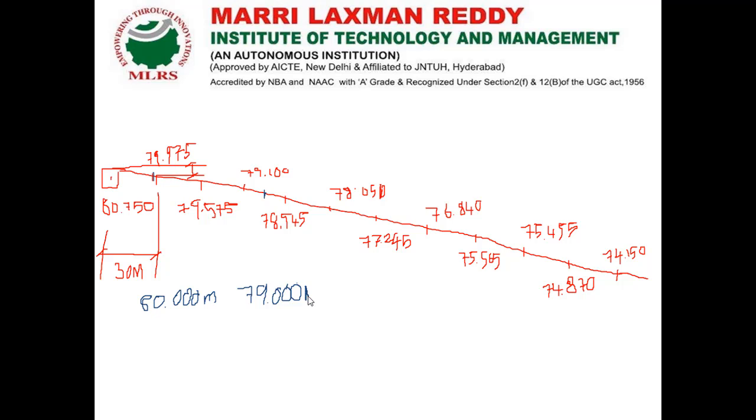Finding the position for the rounded value is called the interpolation of contour.